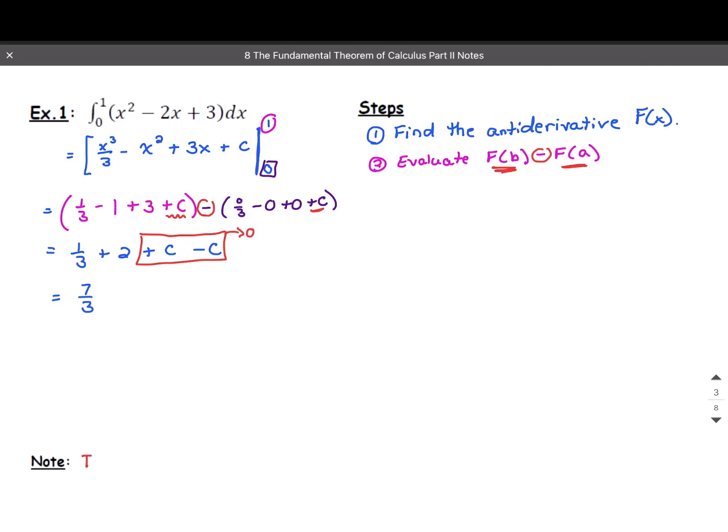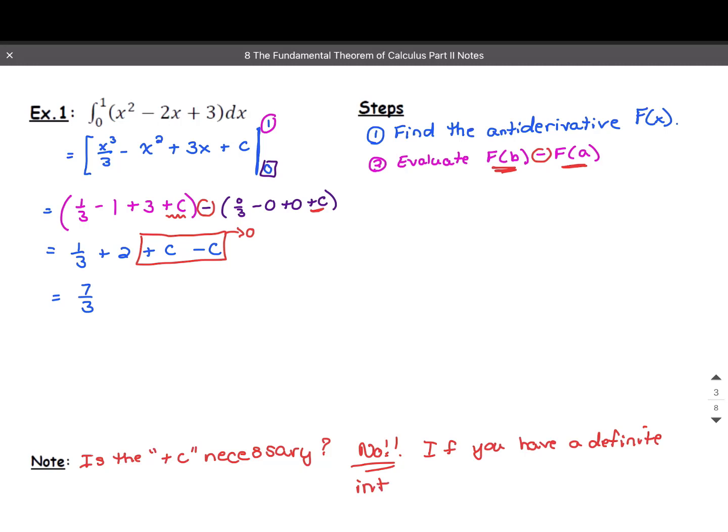So my question to you, is the plus c necessary in this situation? No. If you have definite integrals. Now, a definite integral means the lower limit and the upper limit are both numerical values. If we have a definite integral, the arbitrary constant is not necessary.